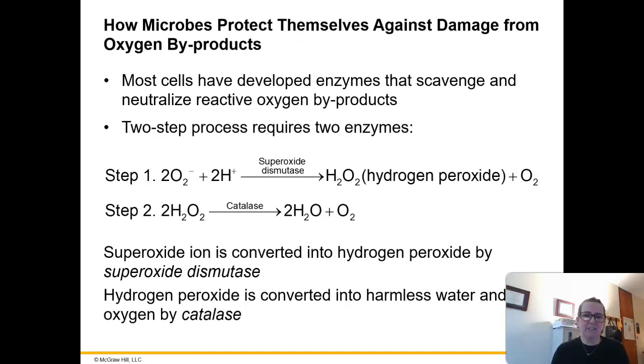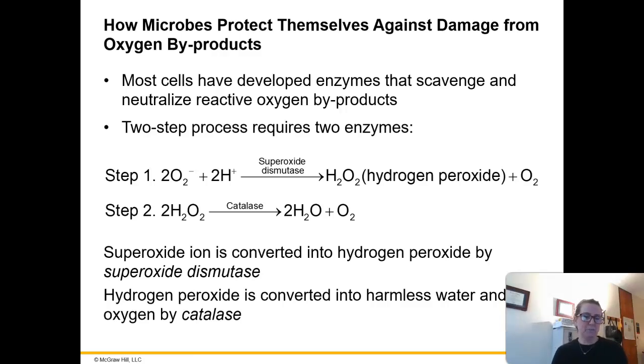So we see that most cells have developed enzymes that essentially scavenge and neutralize reactive oxygen byproducts. There's a two-step process and it requires two enzymes. Remember, when you see the suffix -ase, you're going to think enzyme. So we see two enzymes here, superoxide dismutase and catalase. In step one, the superoxide ions and hydrogen protons are catalyzed by this enzyme to make hydrogen peroxide and oxygen.